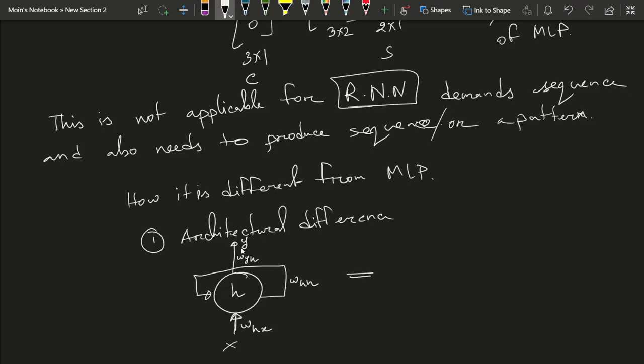So if we consider this as our recurrent neural architecture, we can unfold the architecture into states like ht and ht plus 1.